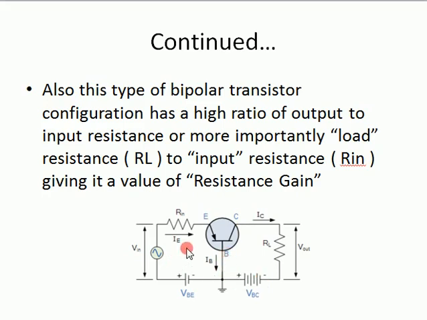And here this emitter is connected with the positive and the base is connected with negative. So it means the input side is reverse biased while the output side is forward biased. The input side junction, the common base junction, is reverse biased, while the collector base junction is forward biased.